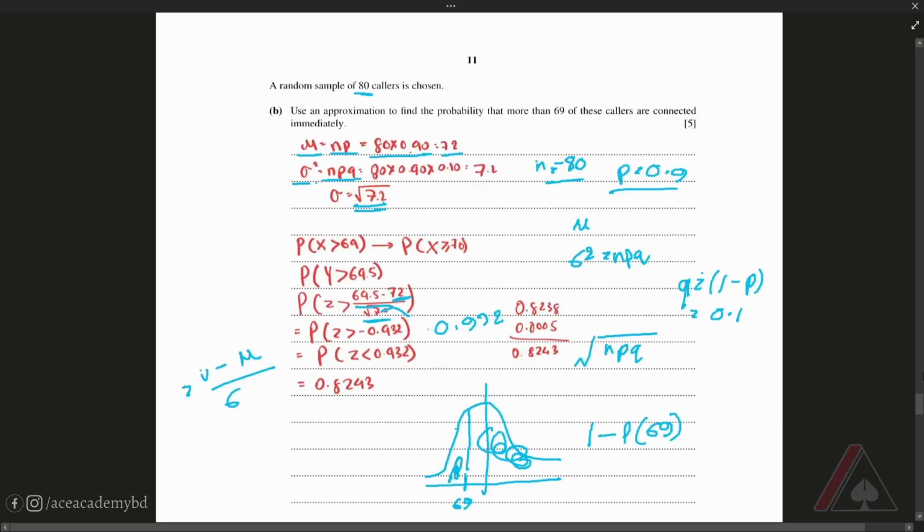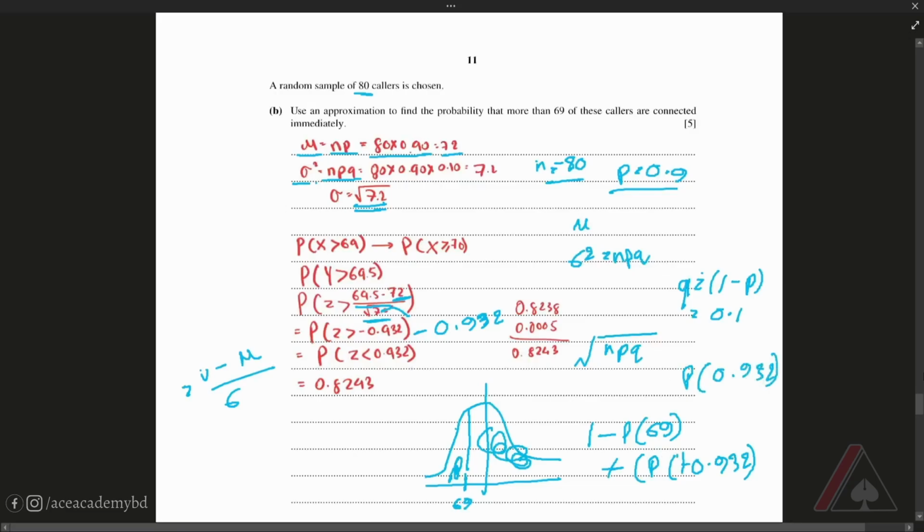Now we get the value minus 0.932, and since we're deducting, the minus is cut out and this becomes plus 0.932.